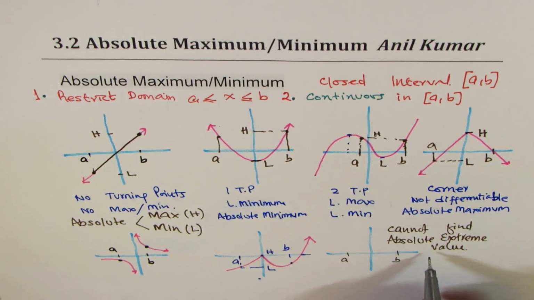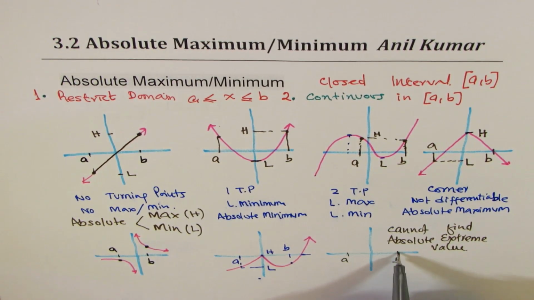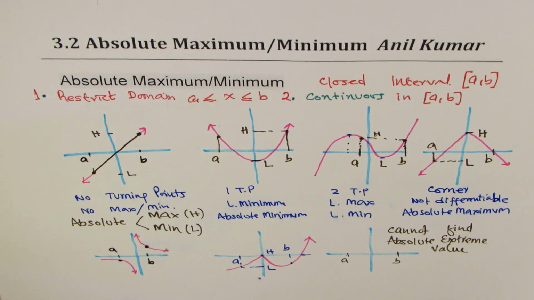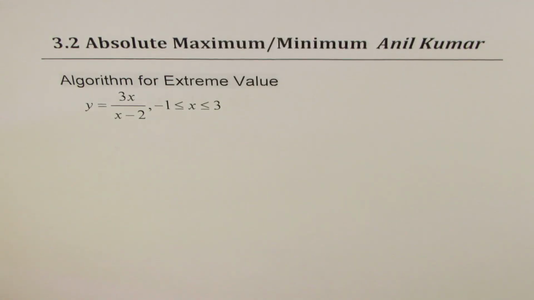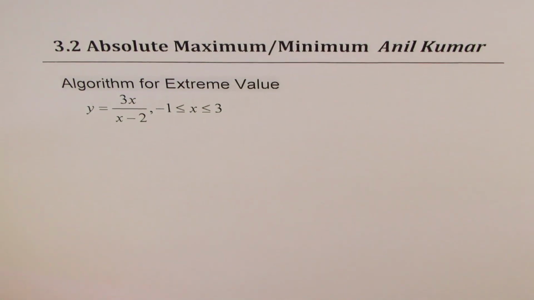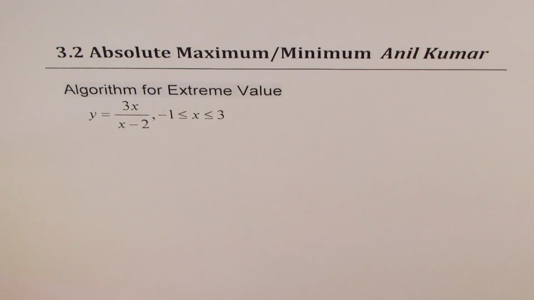So you need to sketch a graph so that within this interval, we do not have an absolute maximum or minimum value. That is possible if the function is not continuous. Perfect. Okay. So let's move on and we'll take a few examples and also write down the algorithm which can help us calculate absolute maximum and minimum values.